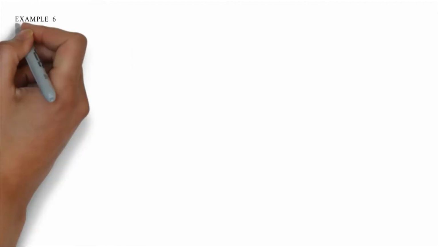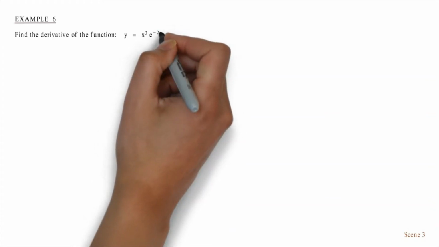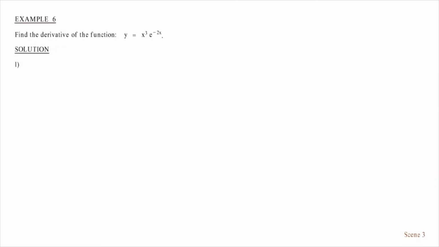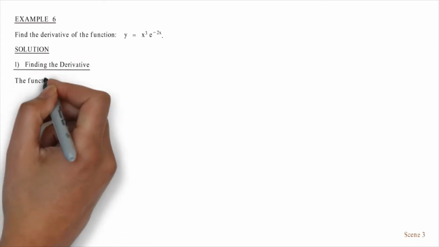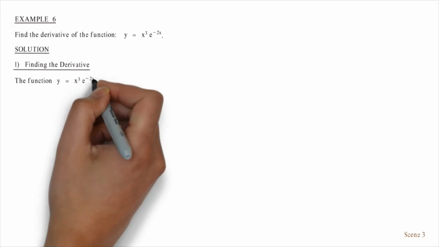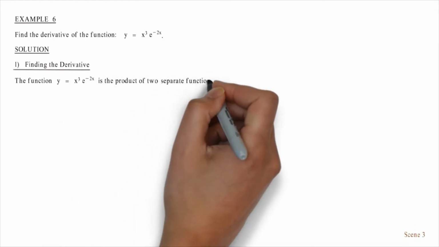Example 6. Find the derivative of the function y equals x cubed e to the minus 2x. Solution. 1. Finding the derivative. The function y equals x cubed e to the minus 2x is the product of two separate functions.